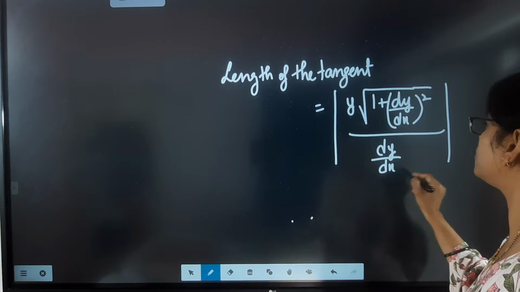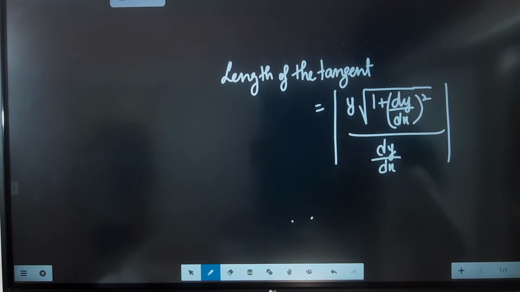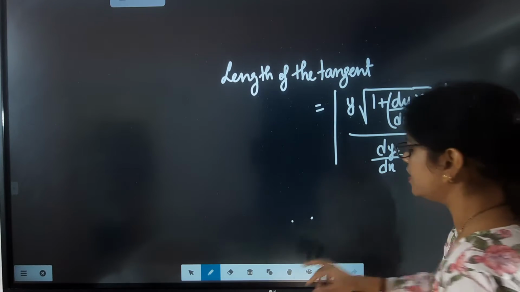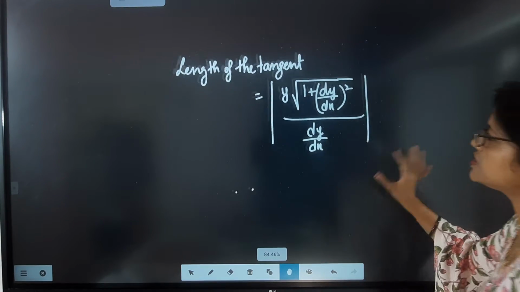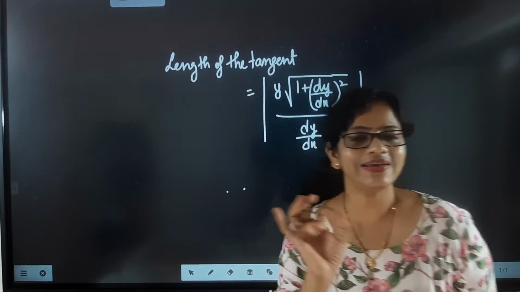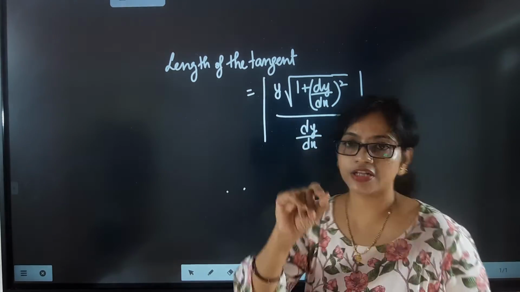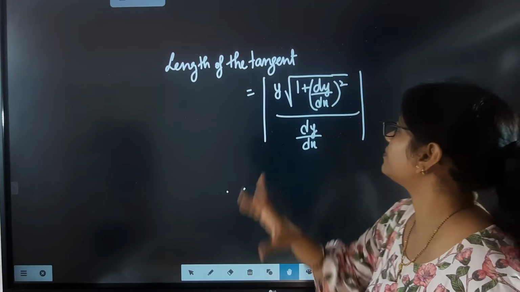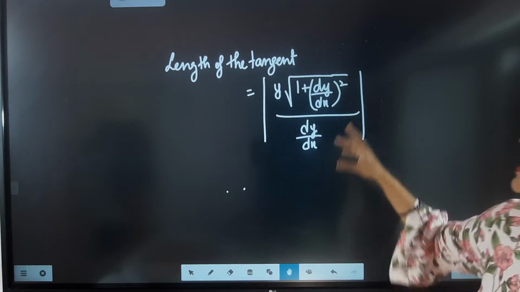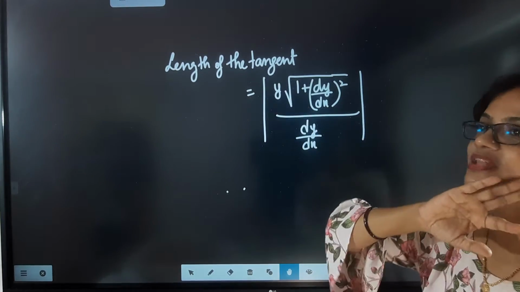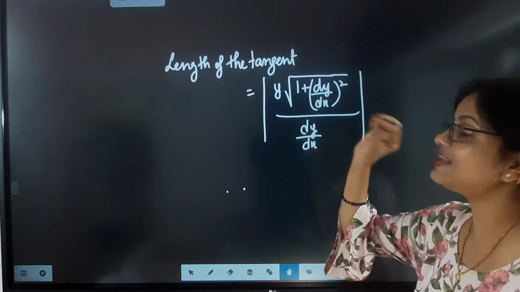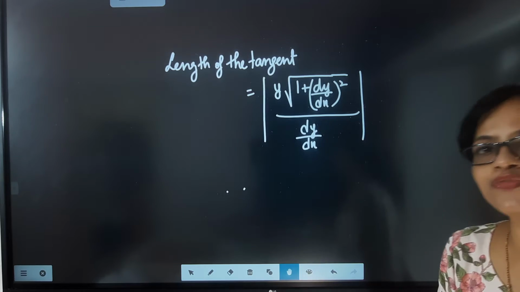So 100% the root value is going to be positive. So here, just one small thing you have to do to find the length of the tangent: y root under 1 plus (dy by dx) whole square, divided by dy by dx. Here y will be the contact point value. Once you substitute there, you will get the length of the tangent.